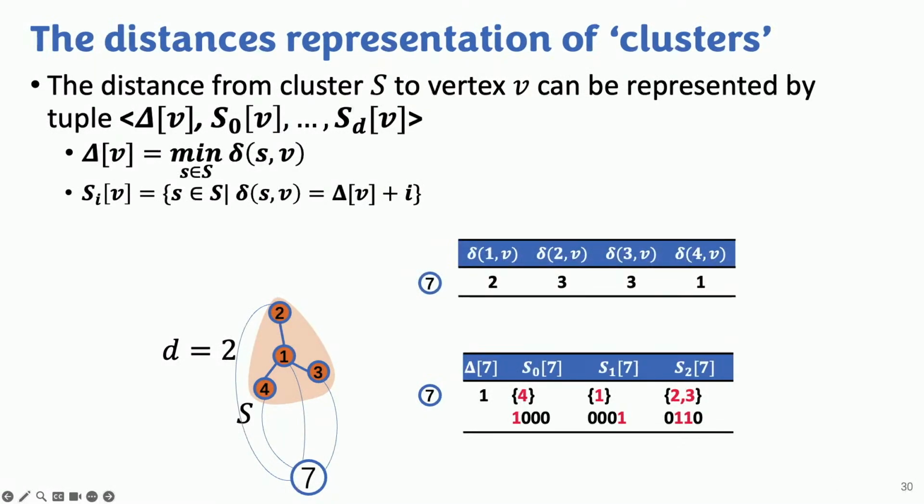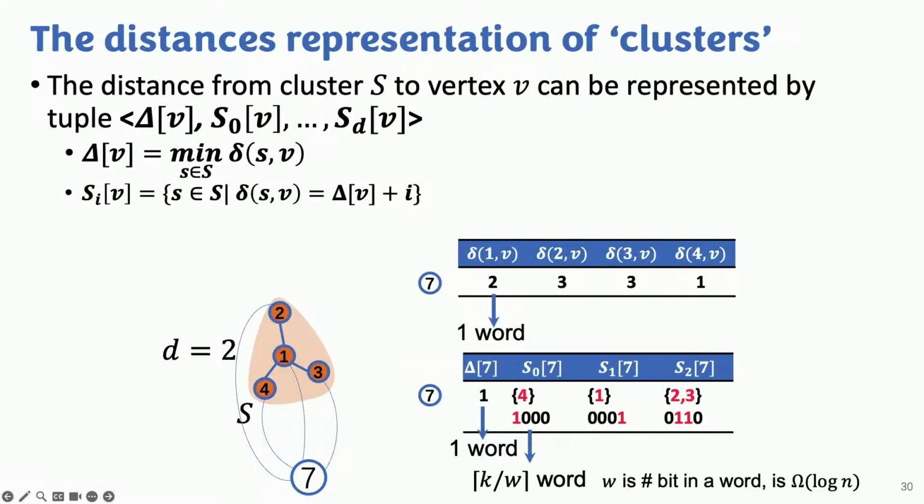Let's compare these two distance representations. Suppose we use one word to store a distance value. We need k over w words for each bit vector, where k is the size of the cluster and w is the number of bits in a word. A machine word must be at least log n bits in order to store a pointer, so w is omega of log n.